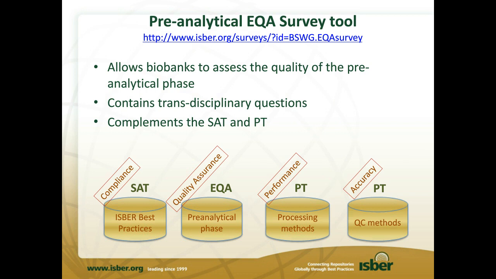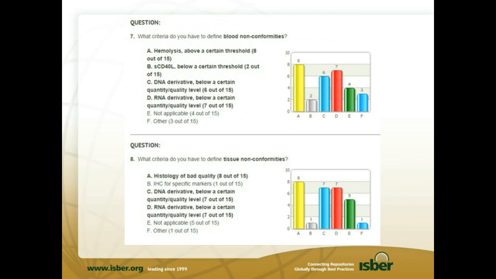On the next slide, we can see examples, the types of questions included in such a survey. For example, what criteria do you have to detect blood or tissue nonconformities? And the results are shown in the form of histograms where each participant laboratory can see how it performs relative to all the other participant labs. For example, here you can see 80% of the participants use hemolytic index to assess blood nonconformities and histology to assess tissue nonconformities.